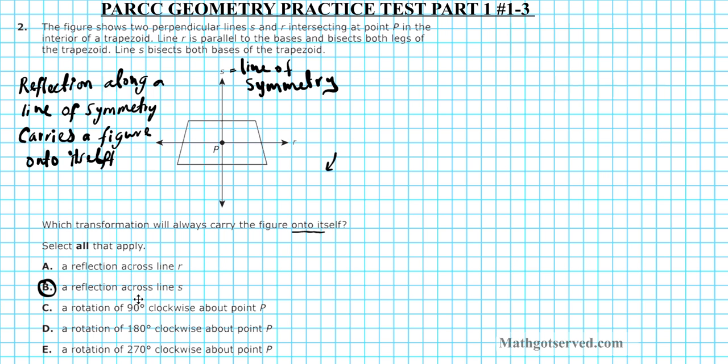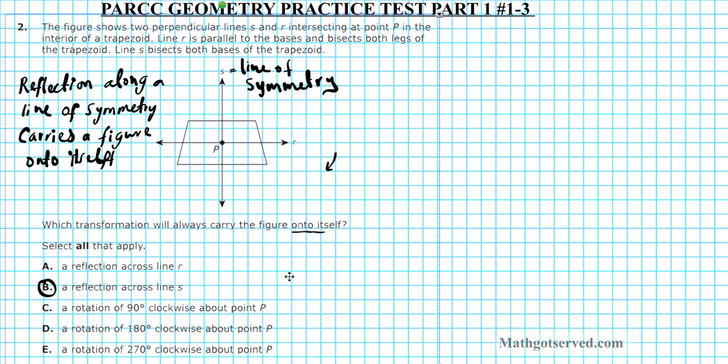A 180-degree rotation is the same as reflecting along line R. That will not give us the same image because it's going to be flipped upside down. A 270-degree rotation will have the image facing the left side. That will not give us the exact figure that we started with. Okay, so it looks like only option B will carry the figure onto itself.